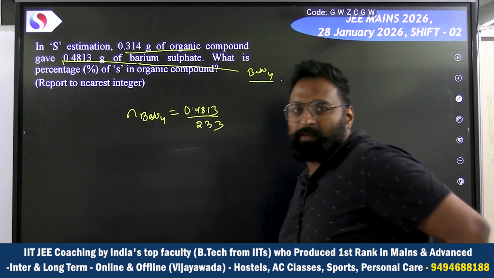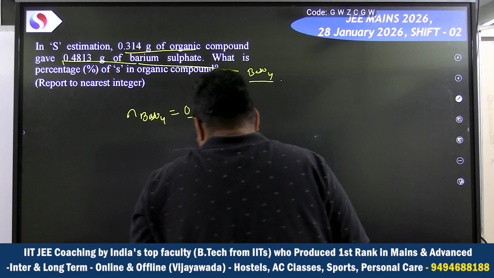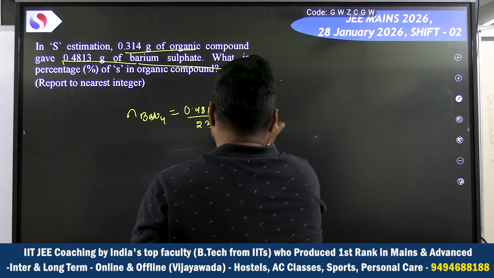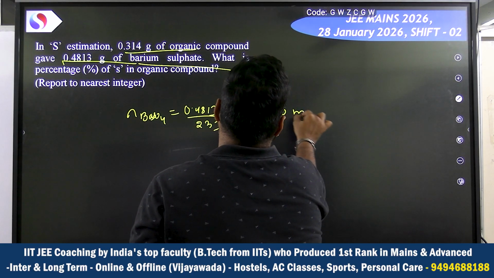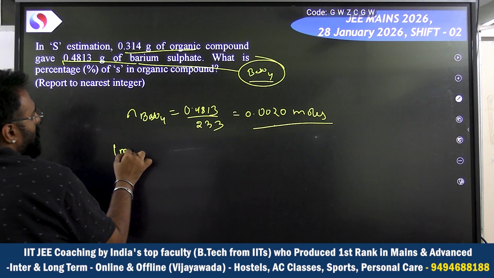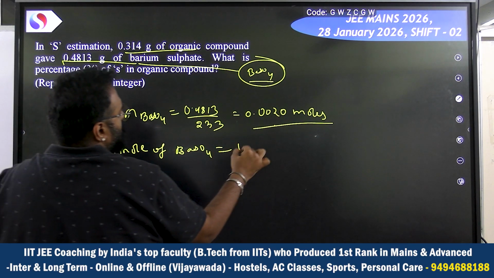The molar mass of barium sulfate is 233. So what is the final calculation for this? This will be 0.0020 moles. Correct? Now dekho, 1 mole of BaSO4 is equal to 1 mole of sulfur.